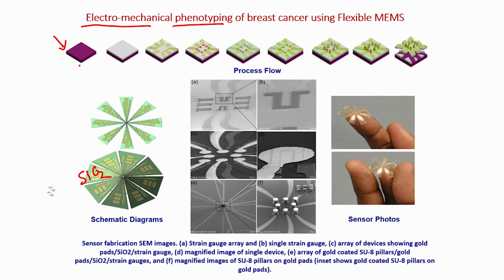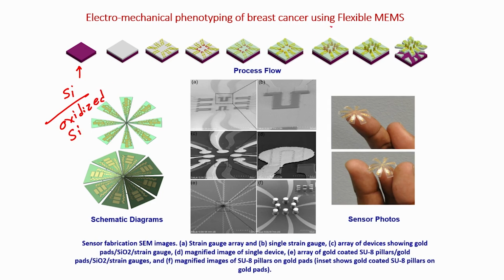Okay. So, let us see once again, so that we are sure that both of us, you guys and me, are on the same page. So, what we do? We start with oxidized silicon.